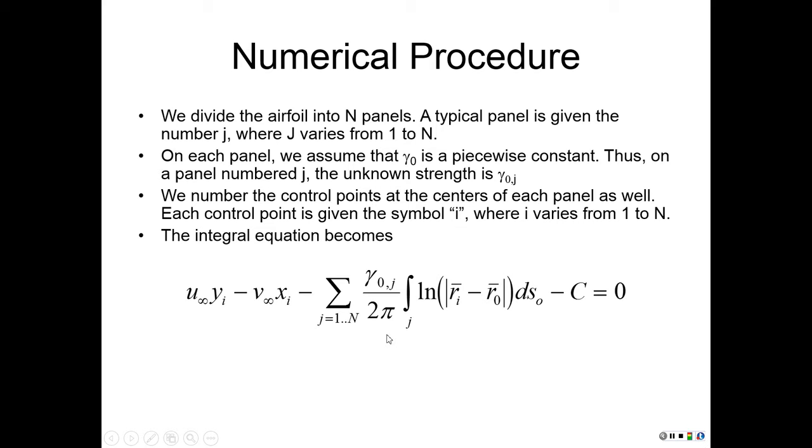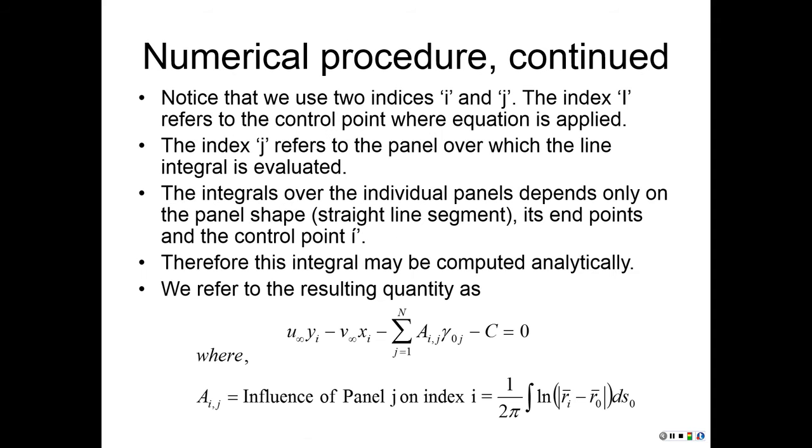So if we could somehow analytically integrate it, then we are in good shape. So this represents the influence of a panel number J at a control point or the center of a panel called I. So we could call it A, which is a constant, subscript I, comma J. I is where we are computing the stream function. J refers to the panel where we are doing such calculations.